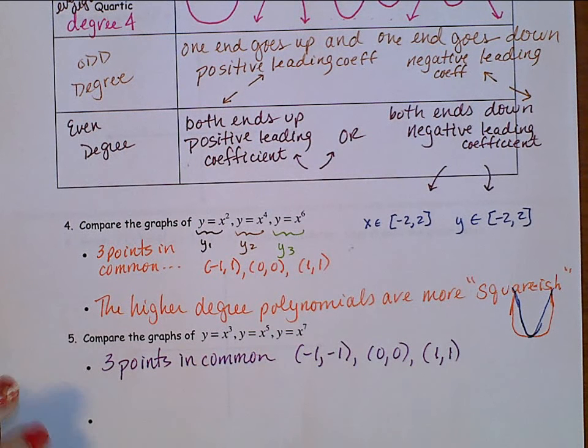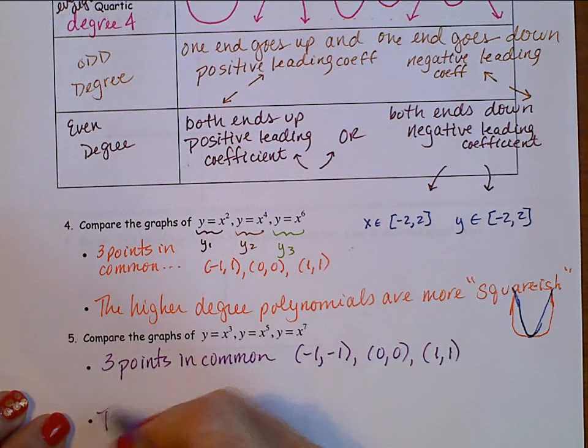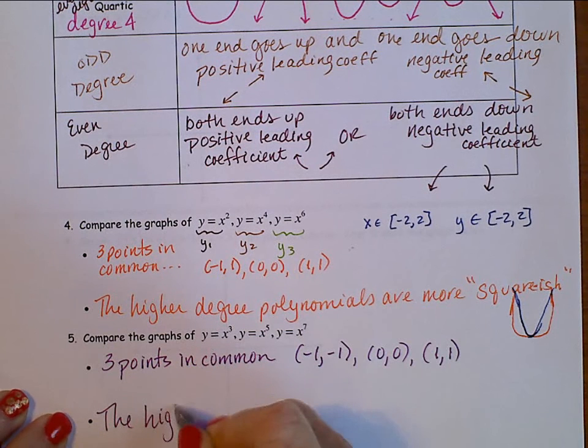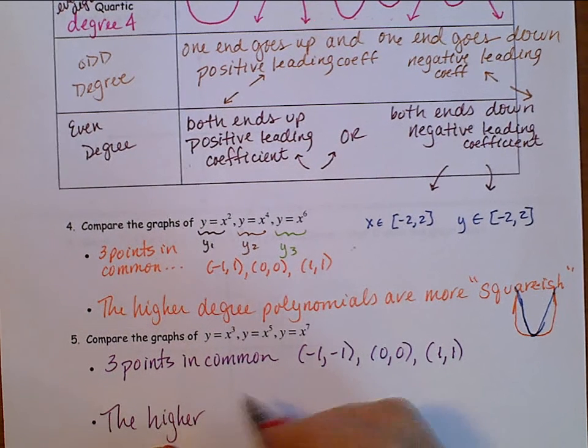And again, just like with the even degree, the higher degree graphs are more squarish.